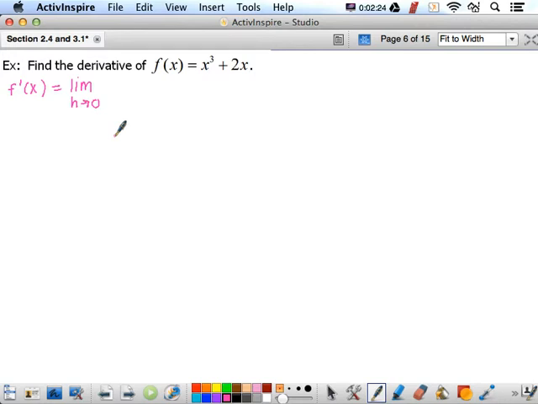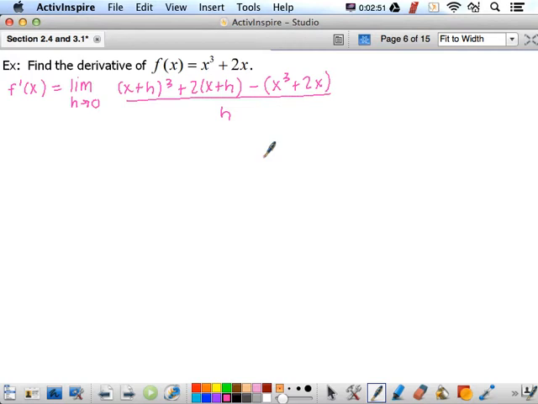I chose the notation f prime of x, but you could have used df over dx. Of f of x plus h, so that would be x plus h cubed plus 2 times x plus h, minus f of x, our original function, all divided by h.